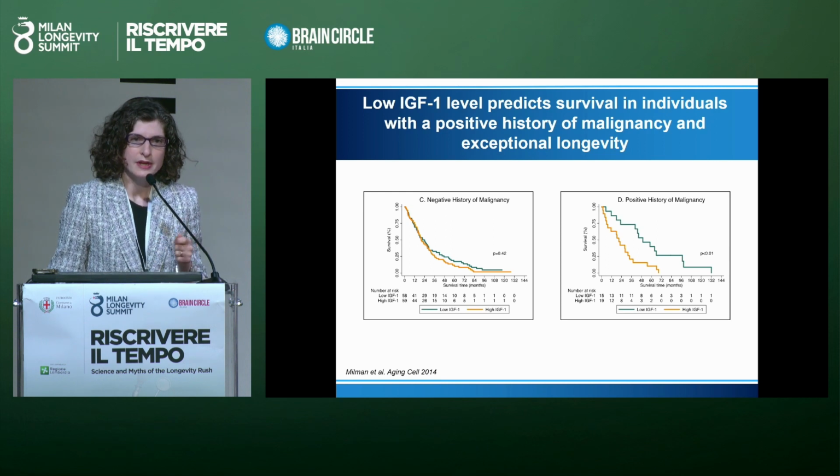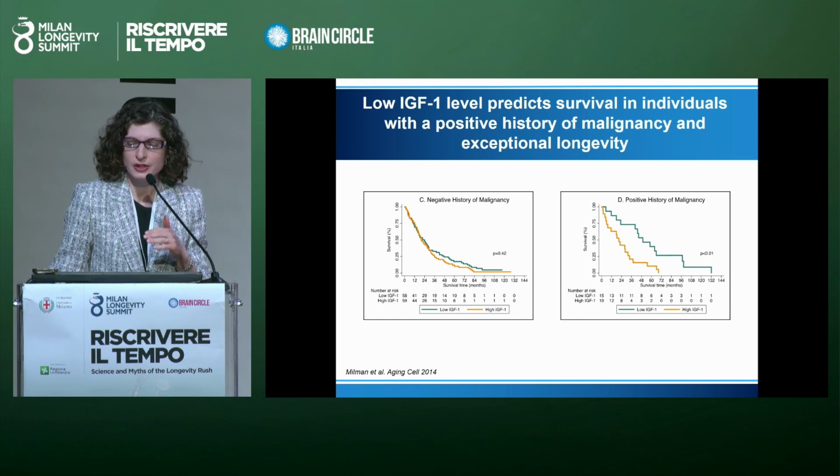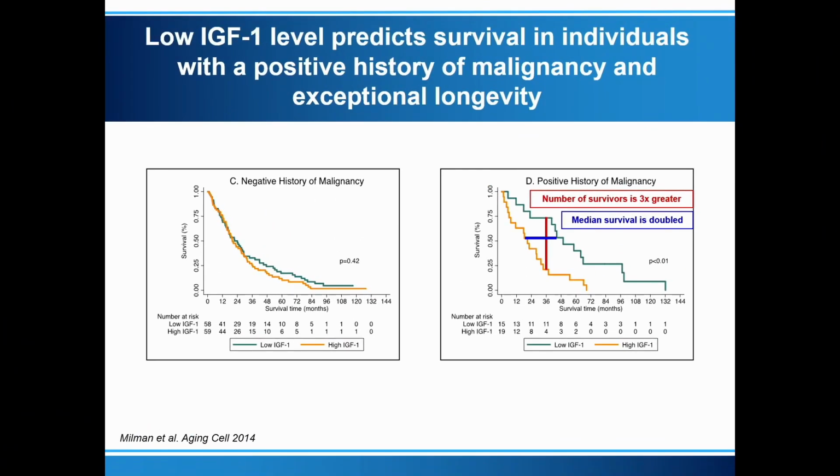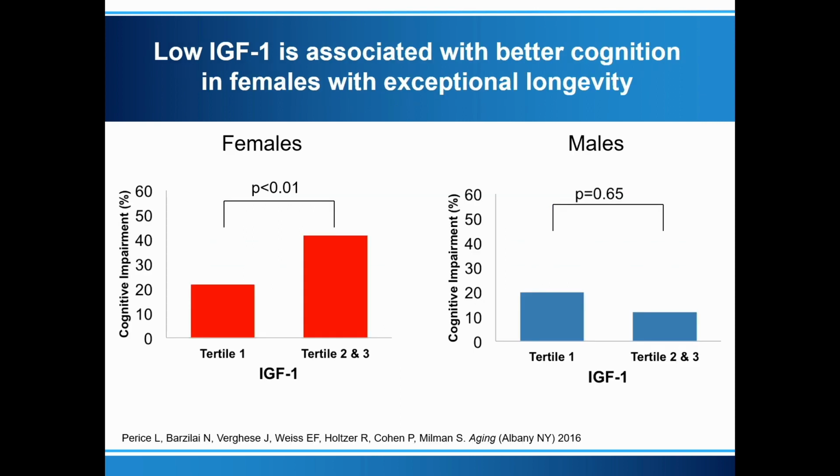But in people who did have a history of cancer, either past or present, those with lower levels of growth hormone actually survived longer than those with high levels. And so 50% of people lived twice as long who had low levels, and the number of survivors was 3 times greater at 3 years of follow-up than those with high levels.